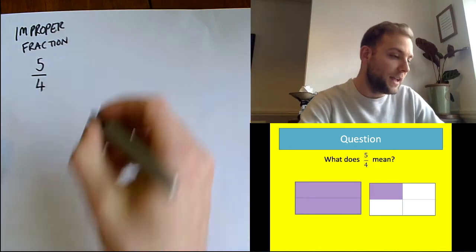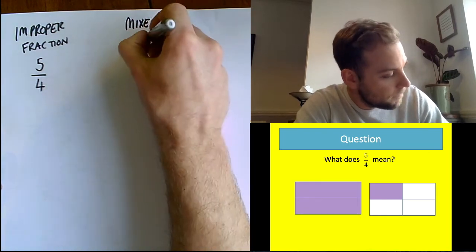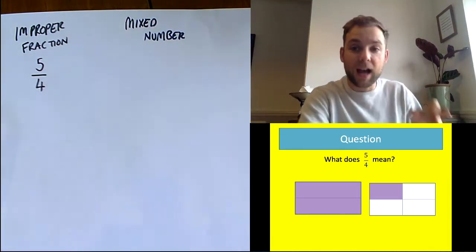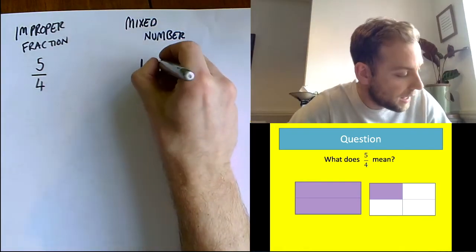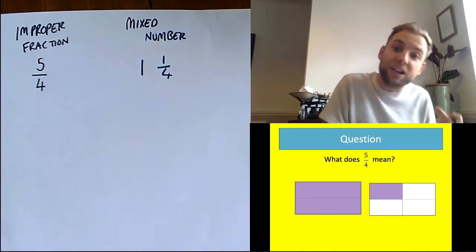And if I want to write it as a mixed number, the way I'd write this is I've got 1 whole and I've got 1/4. So 1 and 1/4. And this here represents the whole values, and this is the fraction which is left over.